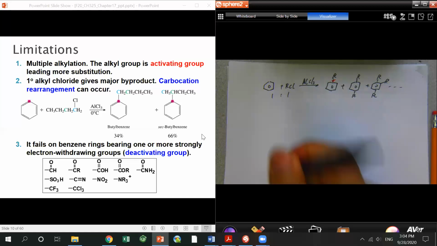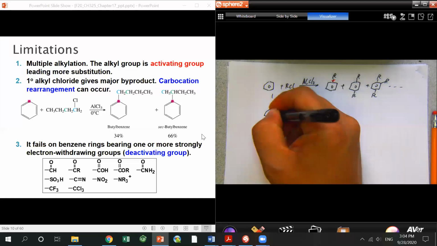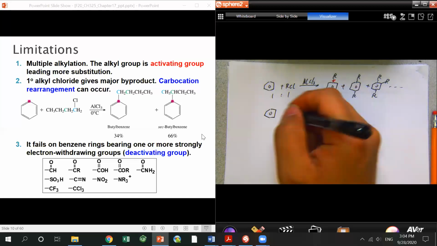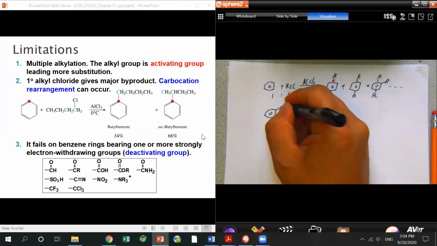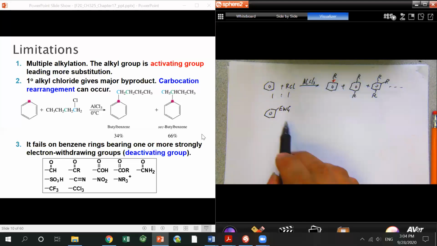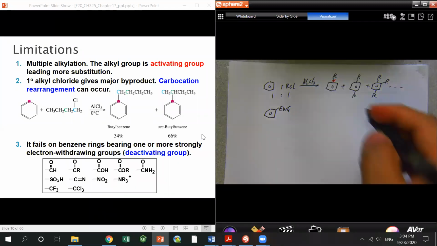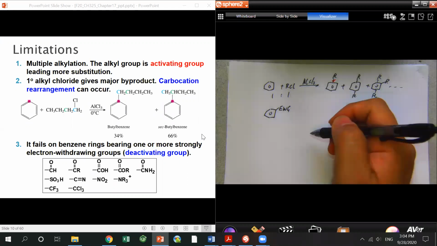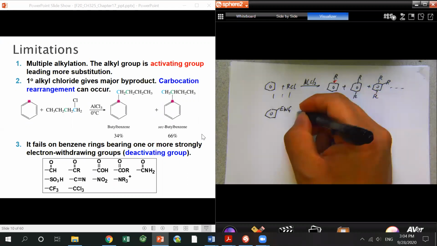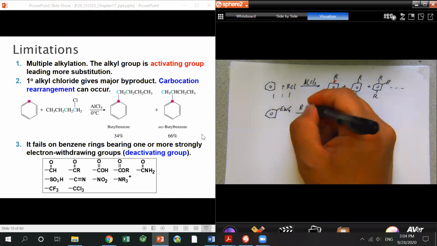If the benzene already has an electron withdrawing group, a deactivating group, we will explain it later. And then if you want to do Friedel-Crafts alkylation reactions, just one.